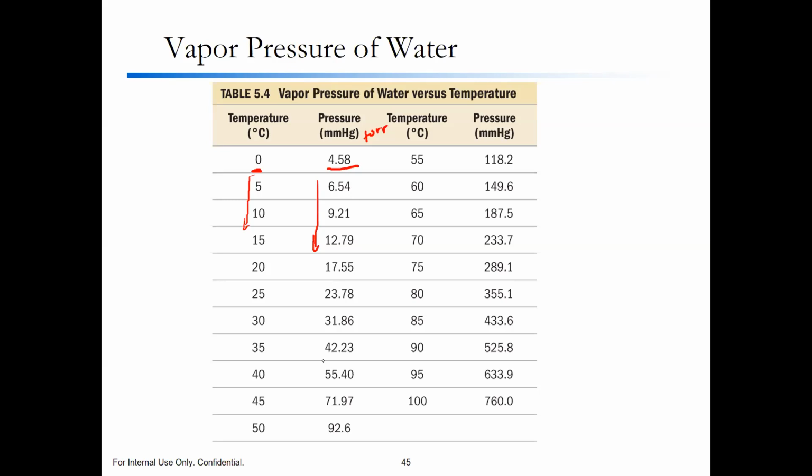So right now at room temperature, if this was really cold, it would evaporate a little bit. But in my cup, if it's a nice warm day, the water is going to evaporate more. So the higher the temperature, the more evaporation we have. That's why you notice that days that are very humid are also very hot, because hot days make the water evaporate.